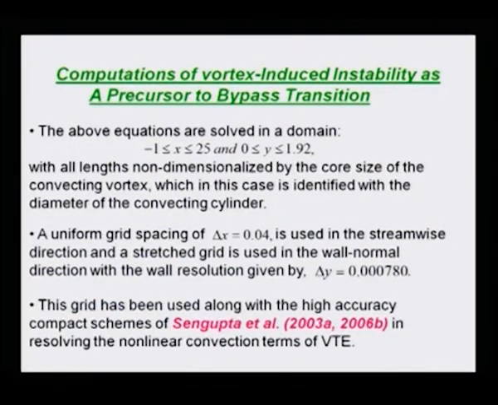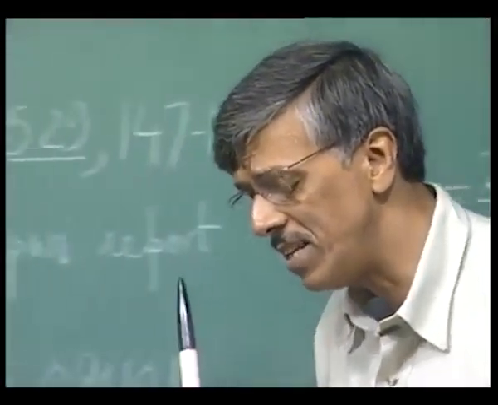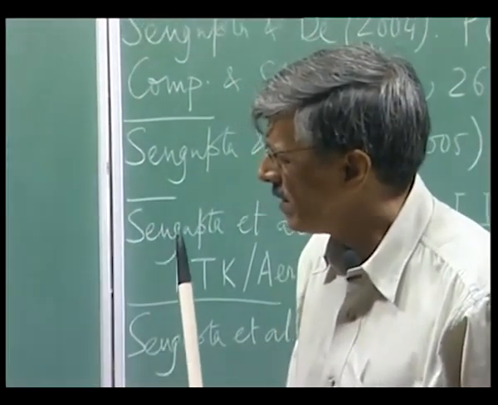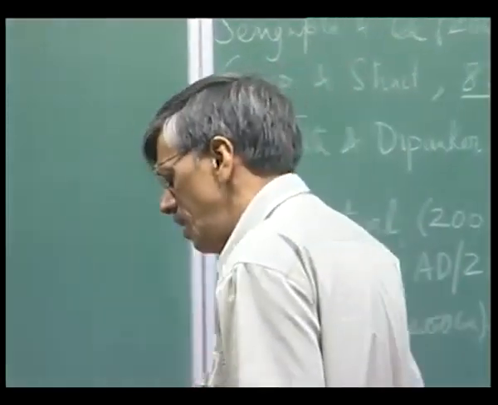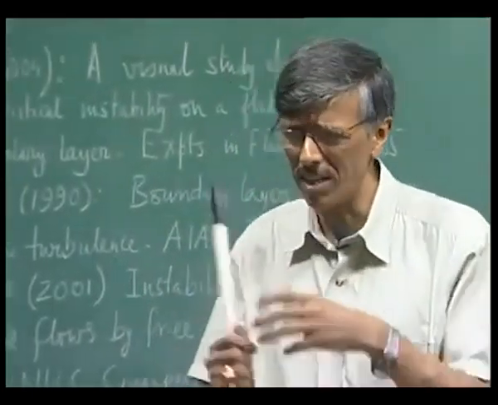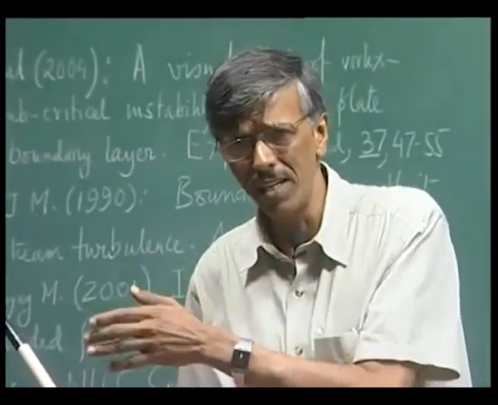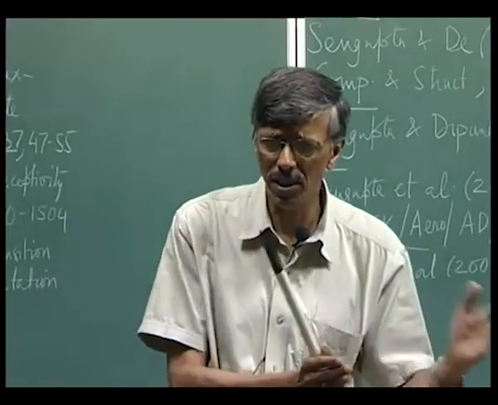Okay, so, we have used a compact scheme, one of the near spectral accurate schemes that we have ourselves developed, given in some of these papers, and those are used to basically study the nonlinear term, because most of the instabilities are a kind of dynamic balance between physical dissipation and the nonlinear convection term.